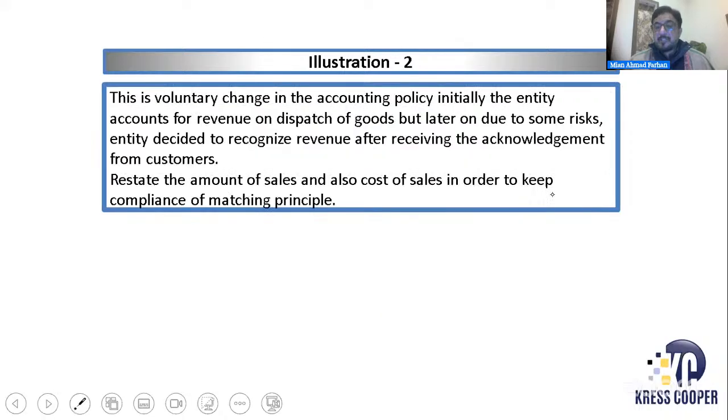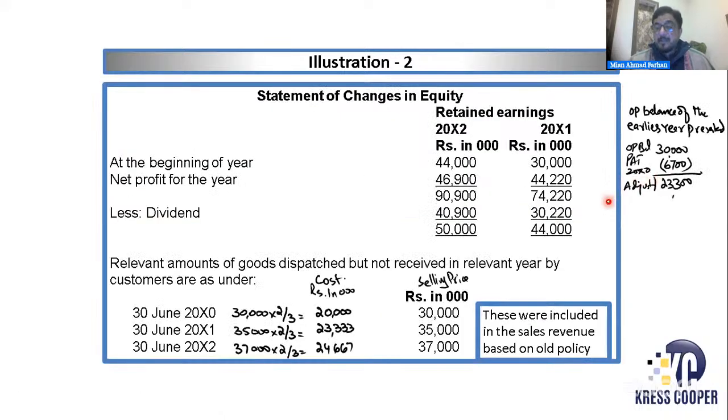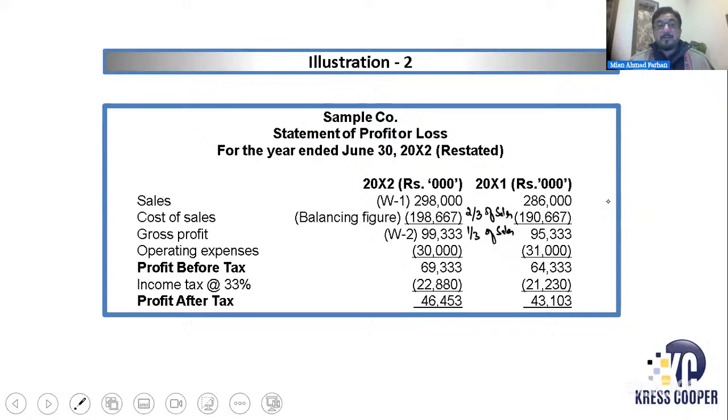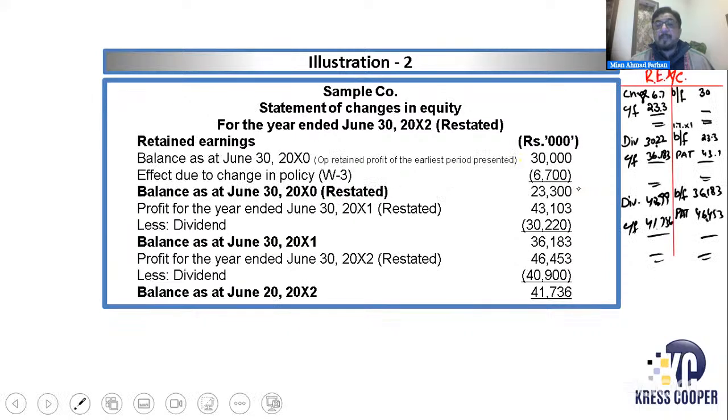So this 286,000 coming up from here, like sales, the change that we took from W1, working one, okay, and the retained earning that we made and a change in there. This is the change, restated opening balance of the earliest period presented, the restated profit figure, so on and so forth. So you can work it out easily.